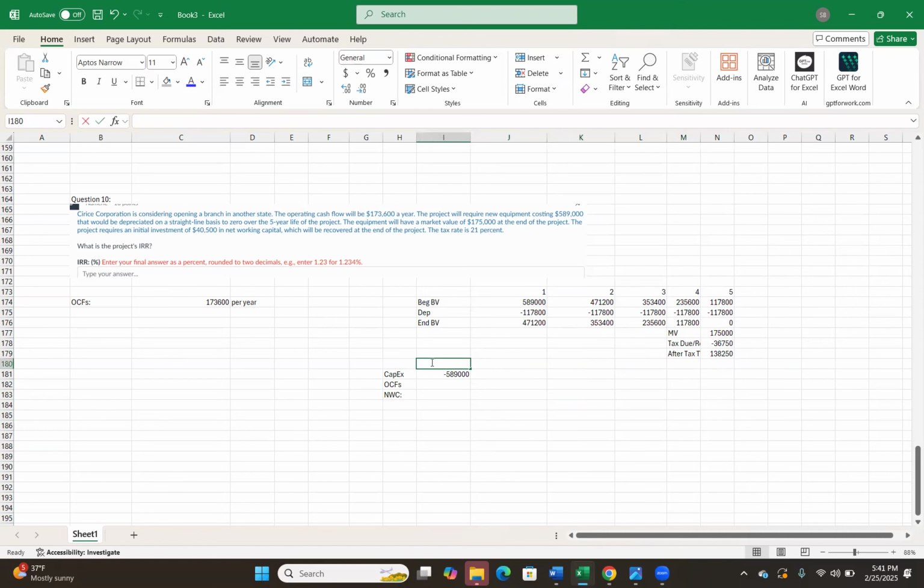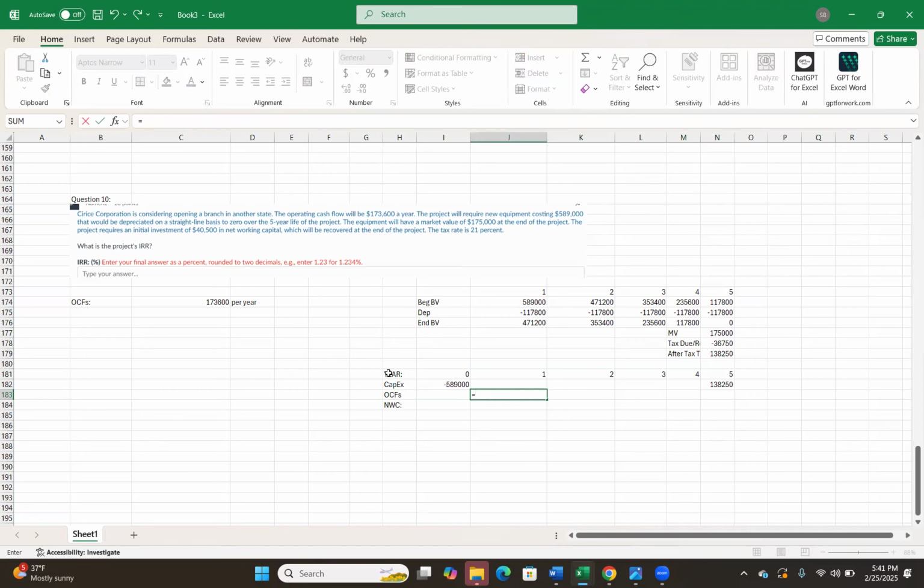This is year 0, 1, 2, 3, 4, 5. And then we're going to recover this after-tax terminal value at the end. I'm going to move this down because I don't like how cluttery it is. Awesome. Okay, so CapEx is done.